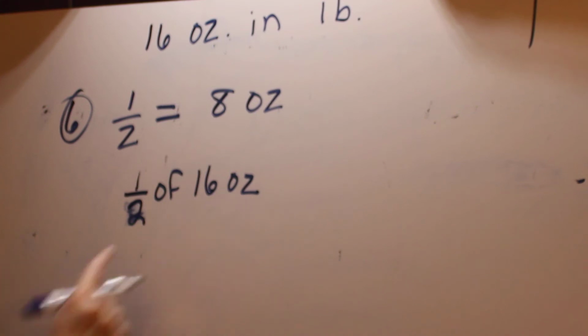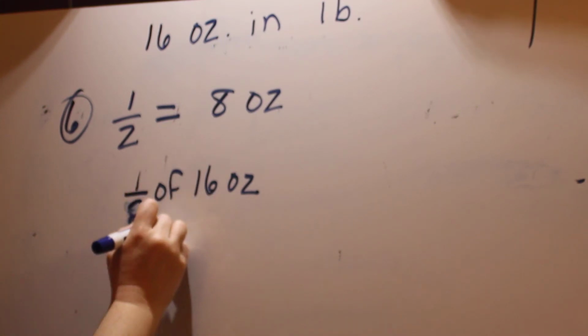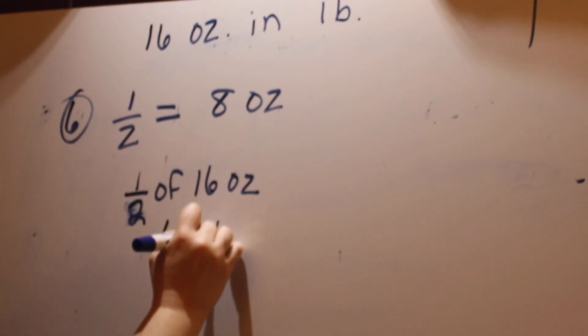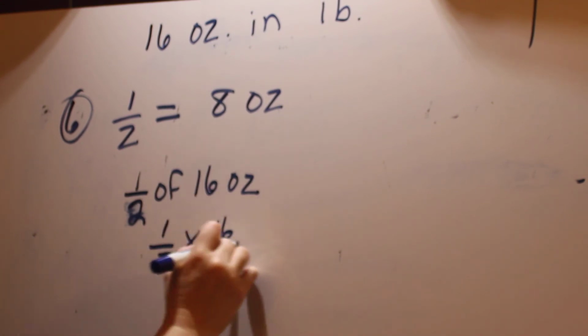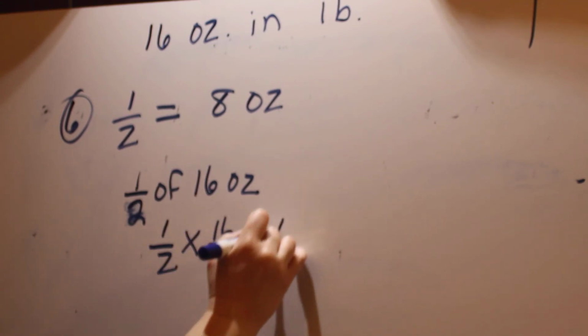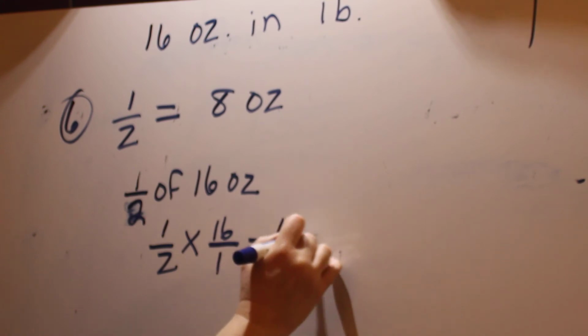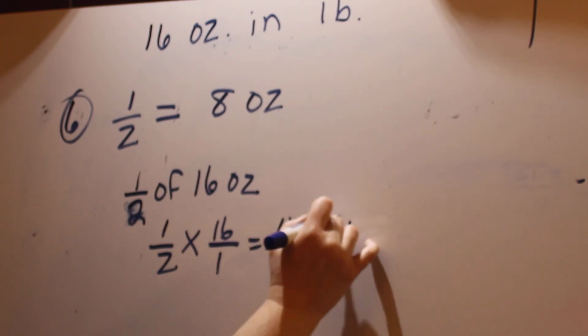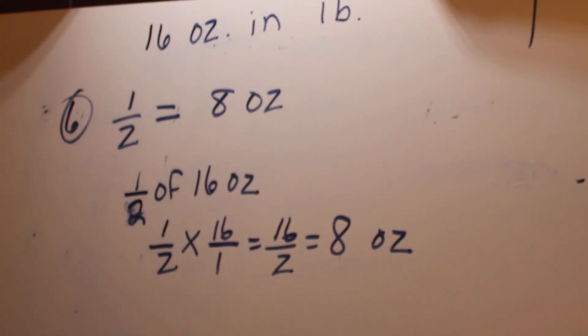We know how to do that, right? 1/2 times 16. Make this a fraction, gives you 16 over 2. 2 goes into 16, 8. That gives you 8 ounces. Okay, but I don't like doing the fractions right off the bat because we're just learning how to do this.